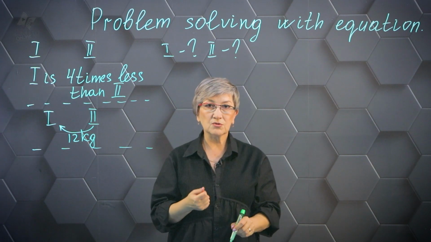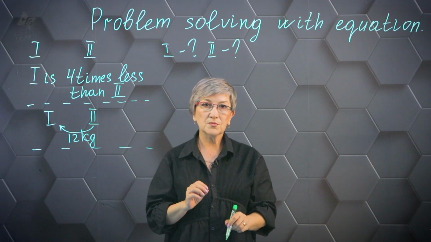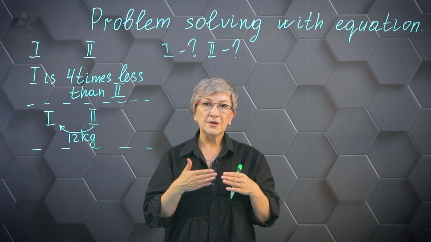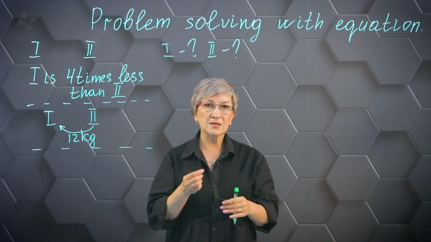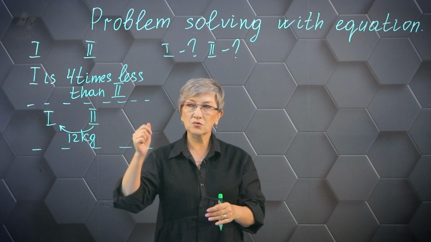In order to solve this problem, we will make an equation. But in order to make an equation, we need to define a variable. Which box will we designate as the original variable? Let's go back to our condition.